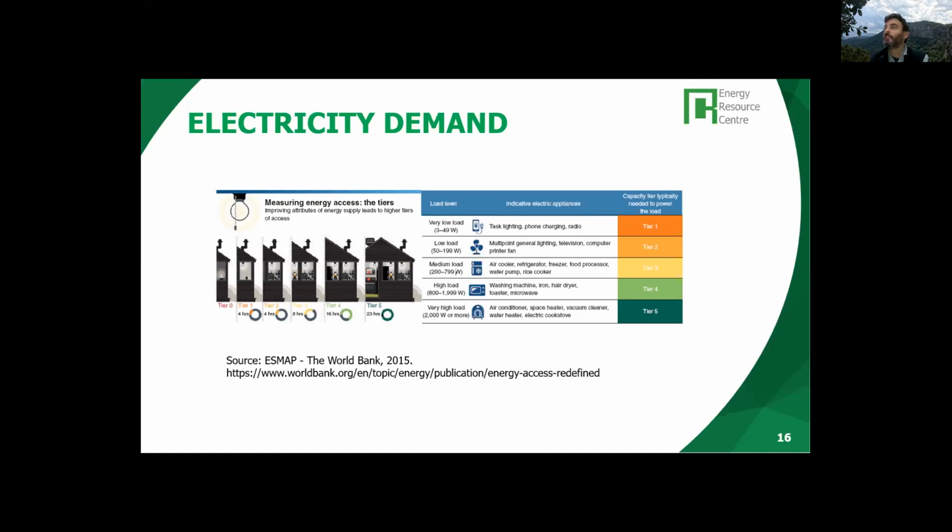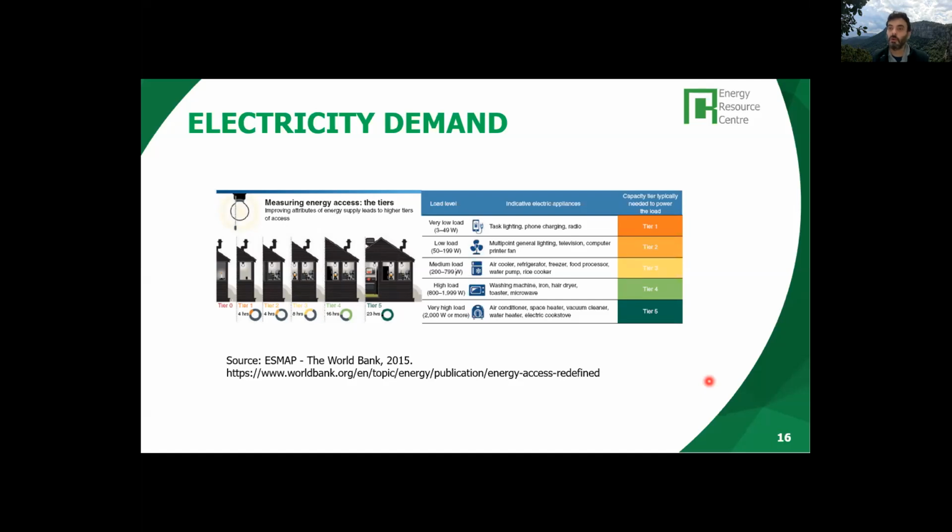Okay. So I was saying that for the electricity demand assessment, we need to remember that there are different levels of demand consumption. This is a reference from the World Bank, from the Energy Sector Management Assistance Program, ESMAP, where they defined 5 or 6 different tiers.